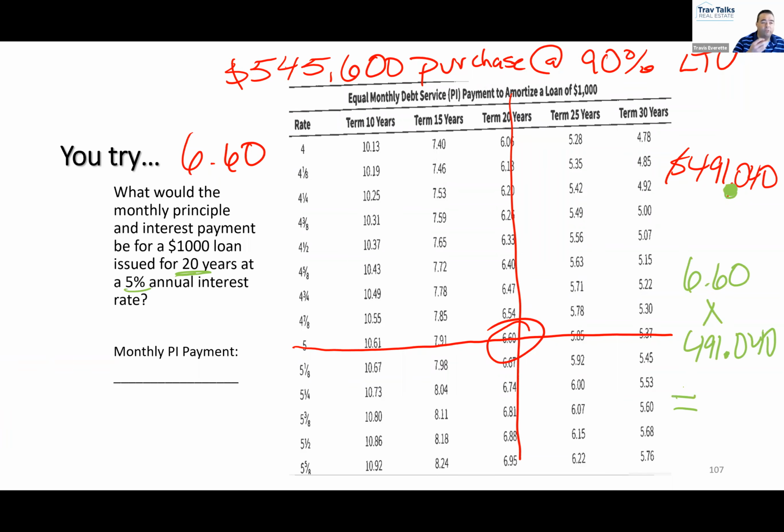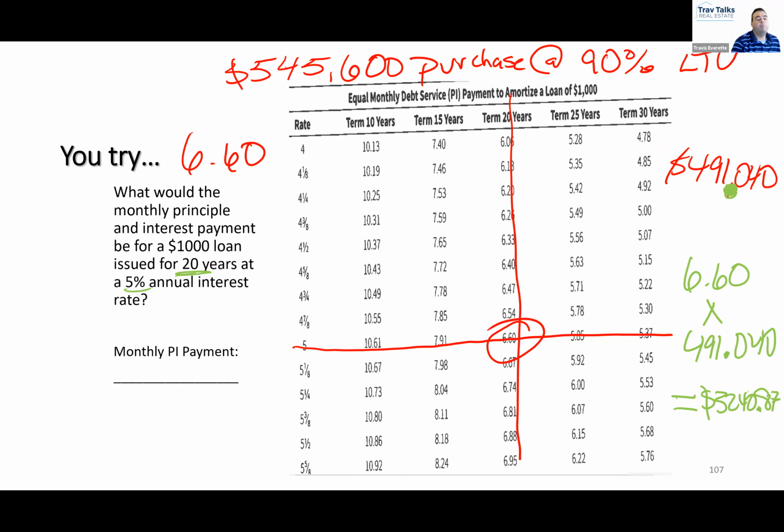I came up with 3240 and 86 or 87 cents. Does that sound about right for y'all? Depending on your rounding, you might have got 86 or 87 cents. Either one of them is great.